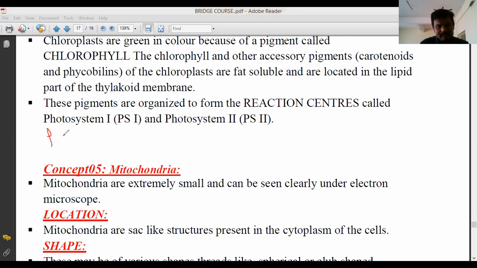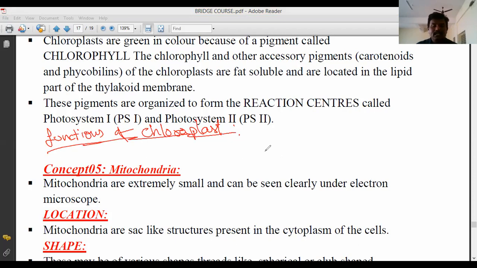Next here, functions of the chloroplast. What are the functions of chloroplast? See, the chloroplast contains chlorophyll pigments. Those pigments absorb solar energy and convert it into chemical energy.